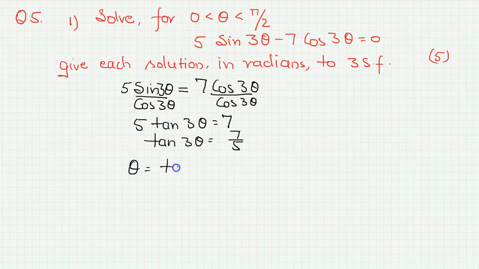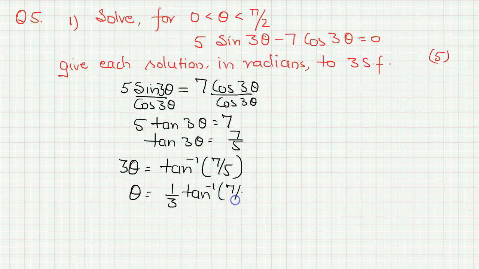So 3 theta will be tan inverse 7 over 5. So theta will be 1 over 3 tan inverse 7 over 5.